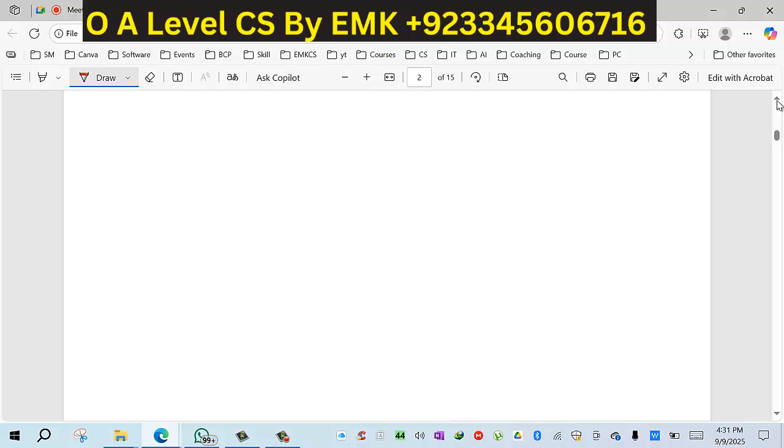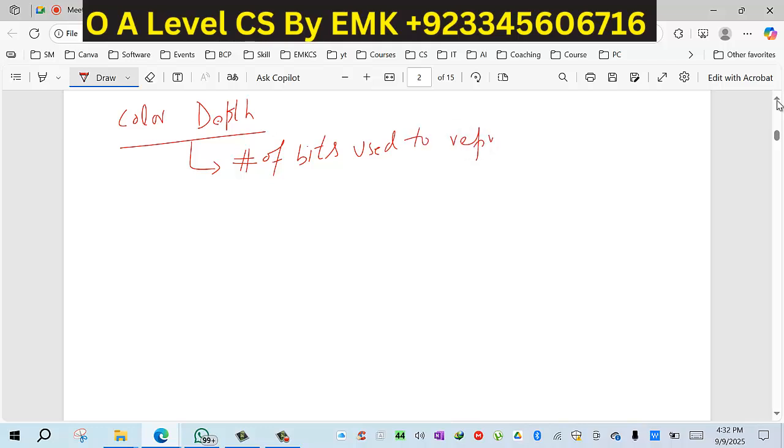What is color depth? Do you know? Color depth is the number of bits used to represent one pixel.